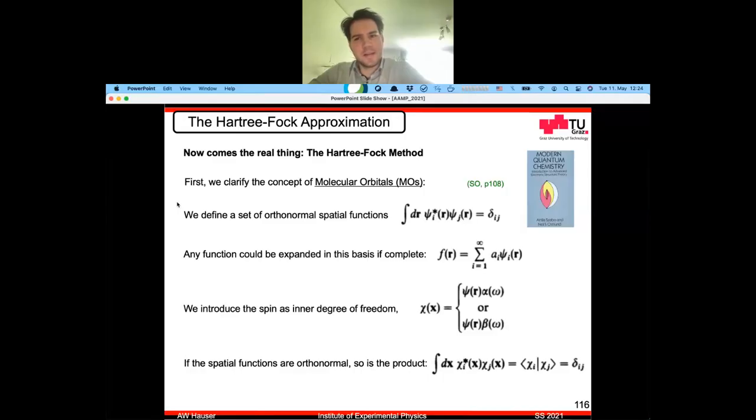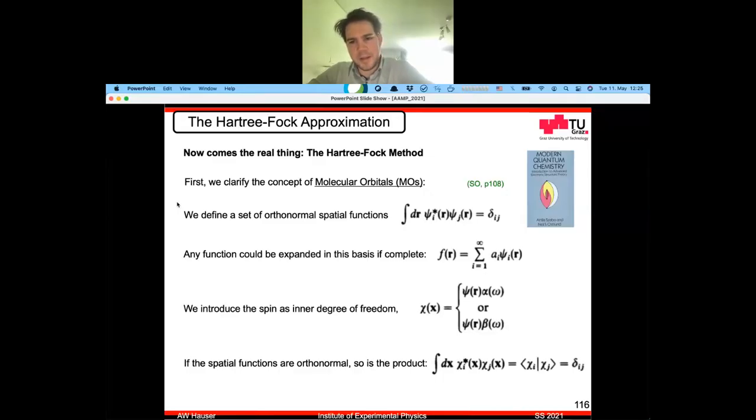As I said, we take this spatial part psi and multiply it with a spin function, either alpha or beta, denoting up and down. So you see there is this omega, so alpha of omega and beta of omega just denotes that spin degree. We have to give it some internal variable to say it's either spin up or spin down, either alpha or beta. And since the spatial functions are orthonormal, so is this product with the spin functions as well.